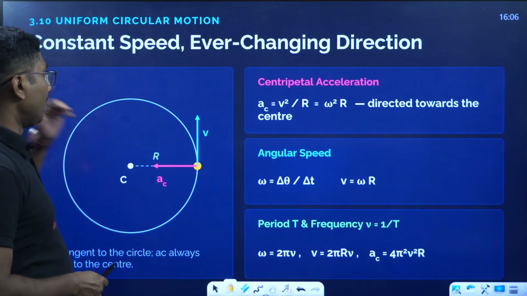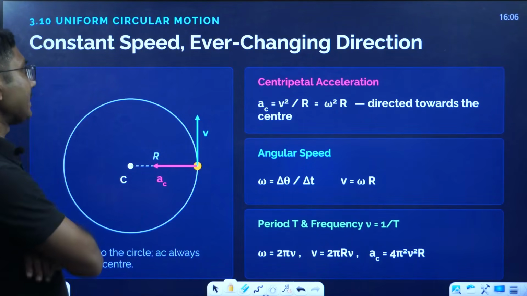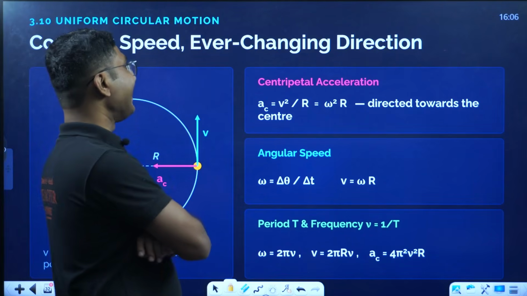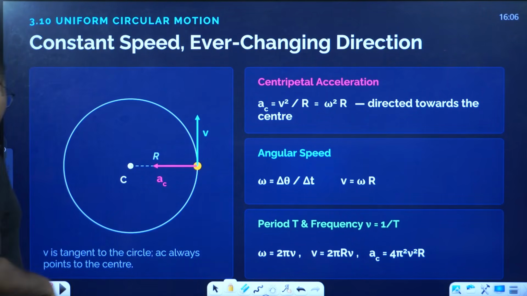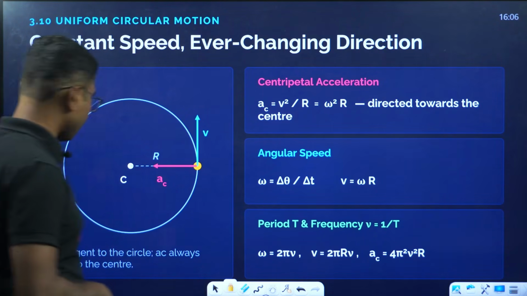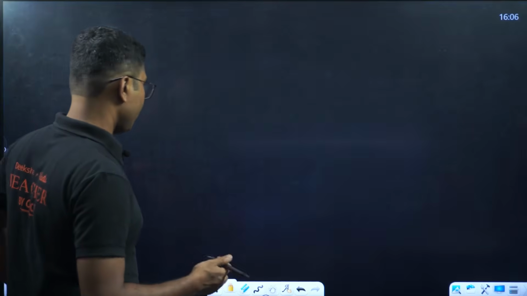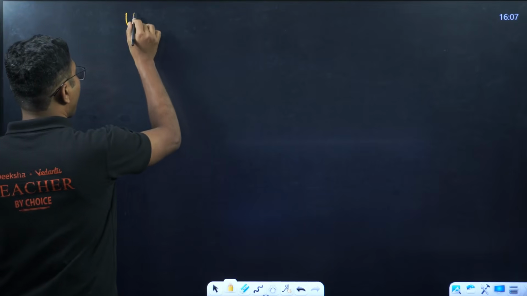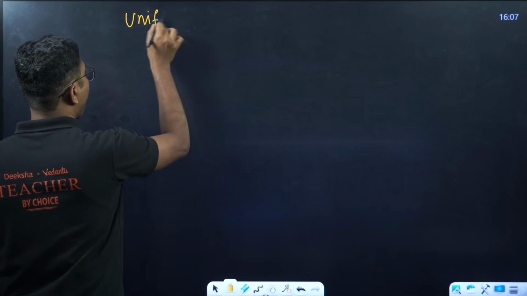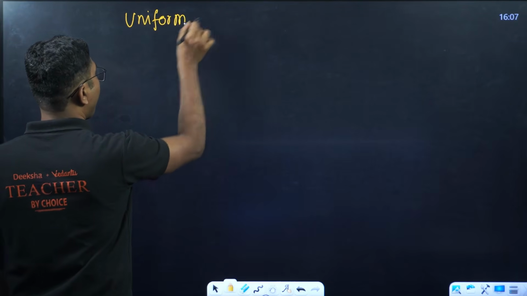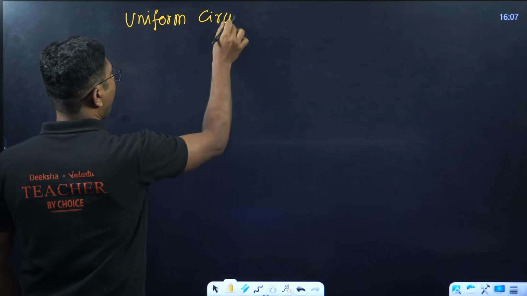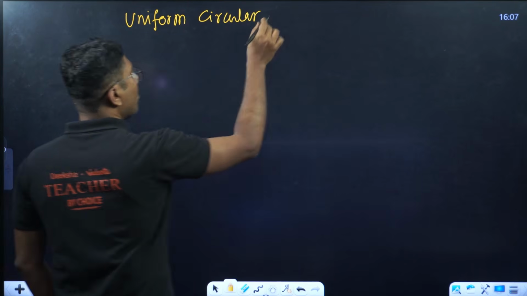Okay, now another part of this important chapter is constant speed, ever changing direction. So here suppose we have an object which is rotating in a circular motion. Uniform motion.